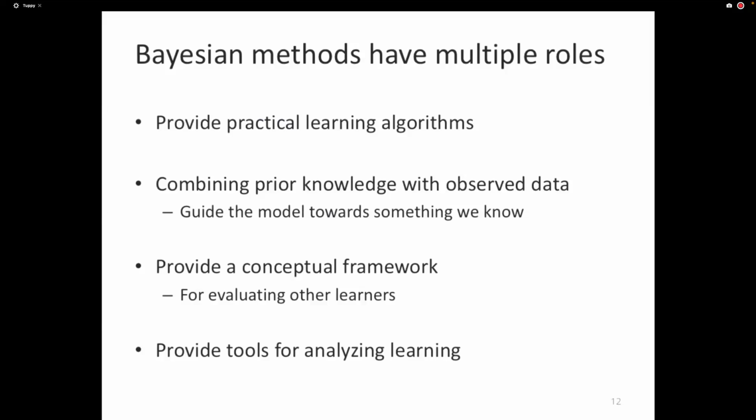Now, it leads to natural and practical learning algorithms. In fact, it leads to mechanisms to construct learning algorithms, just like we saw with loss minimization. We will see eventually that these two perspectives are complementary to each other. It gives a systematic approach to combine prior knowledge that you may have about the hypothesis space with the observations that you have. This is a very important property that the Bayes rule instantiates.